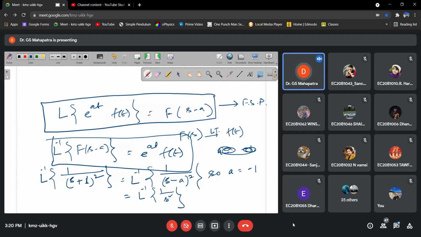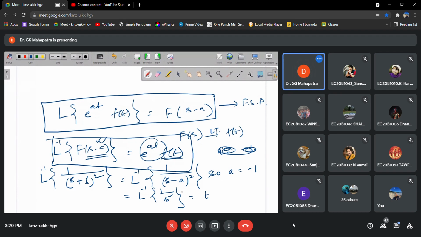It actually is s minus a, but I have written 1 by s square. What is the Laplace inverse transform? t, correct? But your form is not s, it is s minus a. Then what is f of t? t, correct? Then you have to multiply e to the power at for this case.